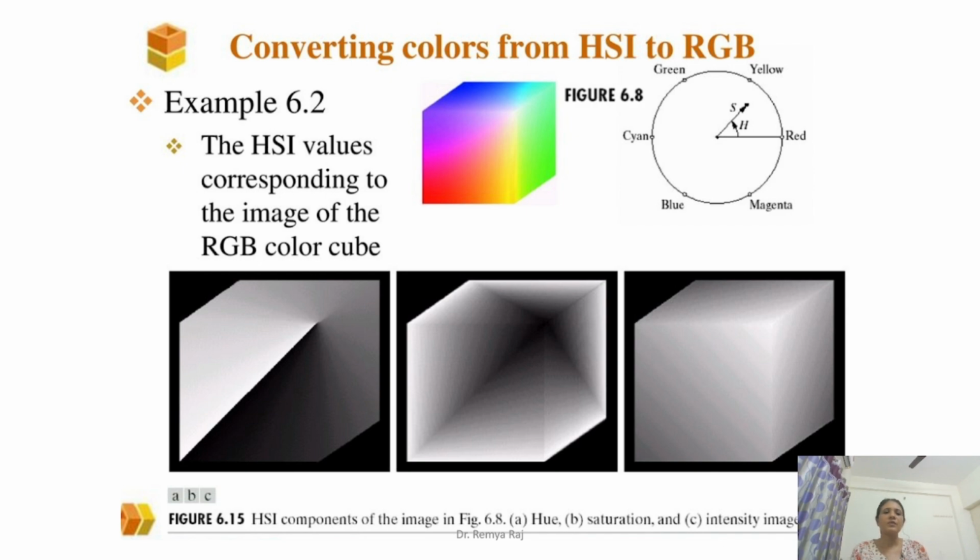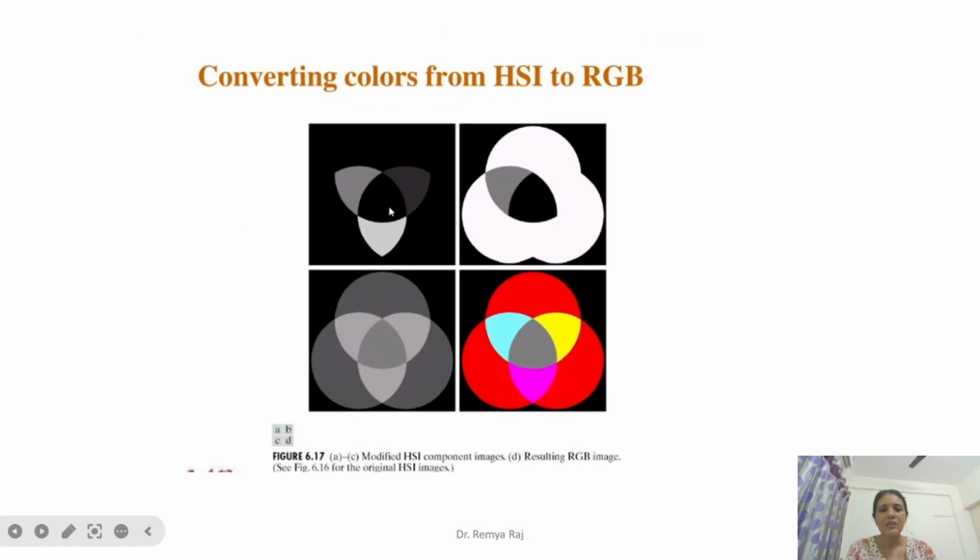So when you do this conversion of RGB to HSI, you will get the hue component, the saturation component, and the intensity component. And when combining the hue, saturation, and intensity components, you will get the RGB color models.